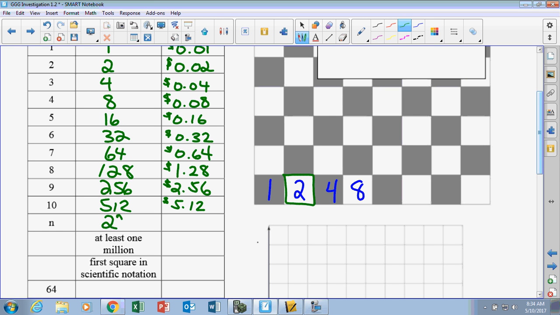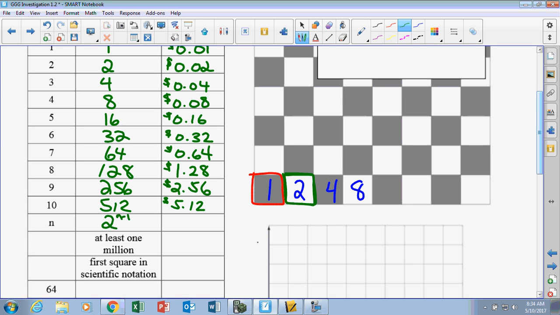So it didn't start doubling until the 2nd square. So you can't count the 1st square in your equation because nothing doubled there. So instead of 2 to the n power, it's going to be minus 1, because you got to take away that 1st square. It didn't double till the 2nd square.